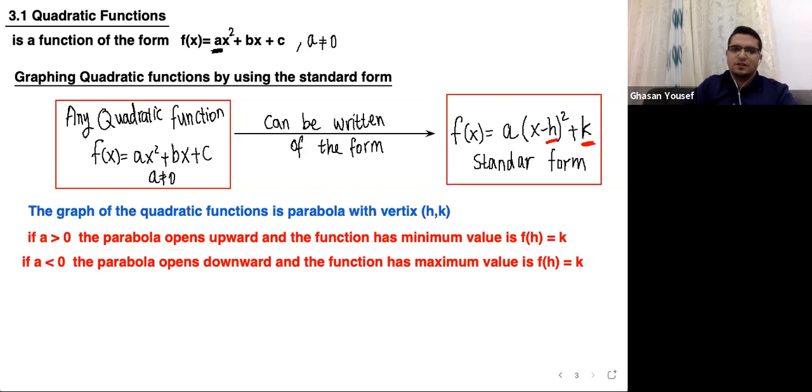You have to focus on this. The function has a maximum value if a is negative, and it has a minimum value if a is positive.